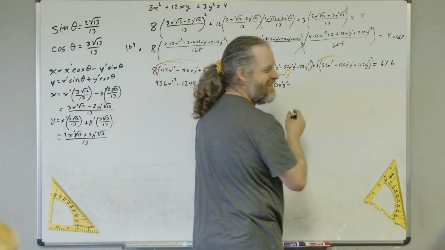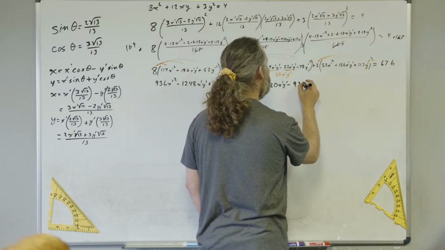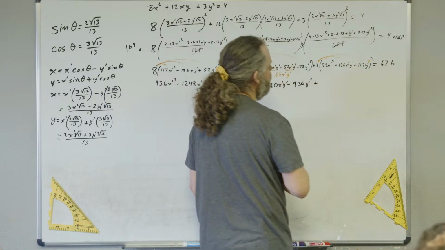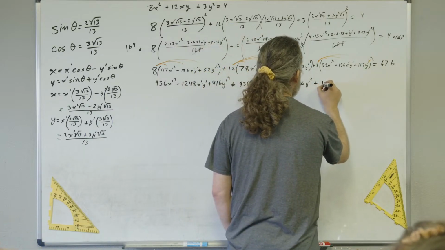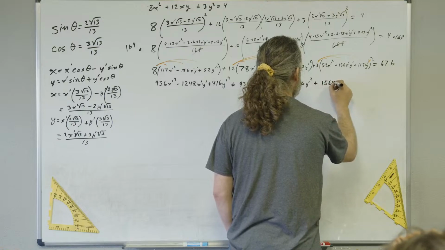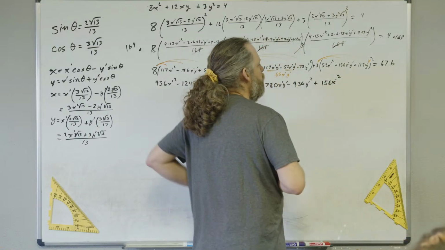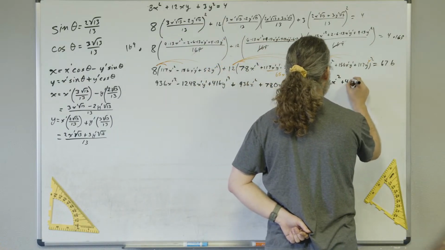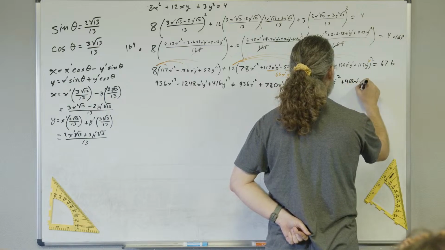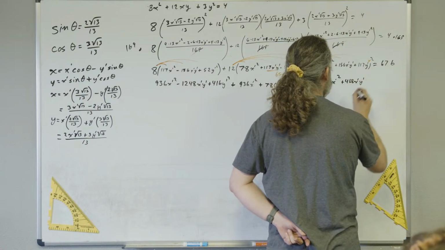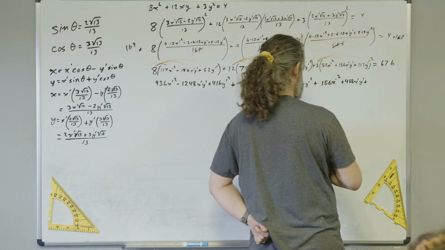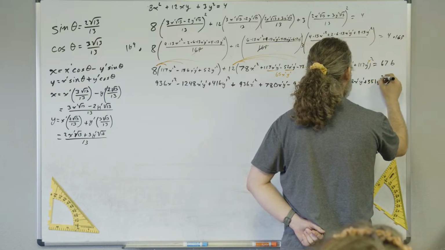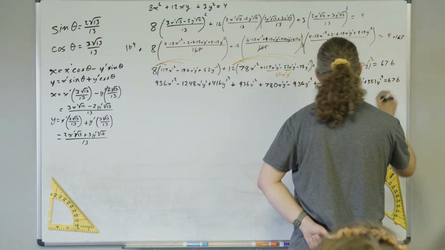That makes much more sense. 36 y prime squared plus 3 times 52, 156. That one we can do in our head without trouble. Plus 3 times 156, 468 x prime y prime, plus 3 times 117, 351 y prime squared equals 676.